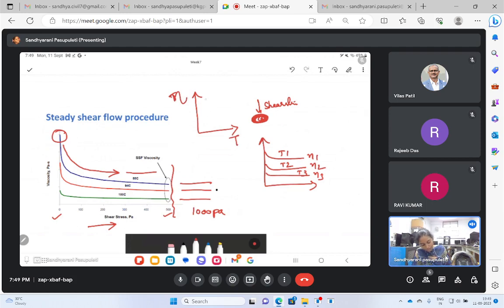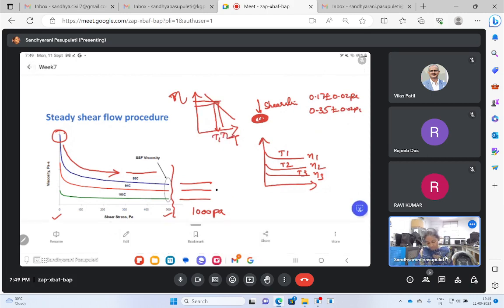Corresponding to 0.1 plus or minus 0.02 pascal-seconds, whatever temperature you get can be taken. And according to this method, it is not 28 pascals but 0.35 plus or minus 0.2 pascal-seconds. Corresponding to these two, you will determine the temperatures, and those temperatures correspond to the mixing and compaction temperature.